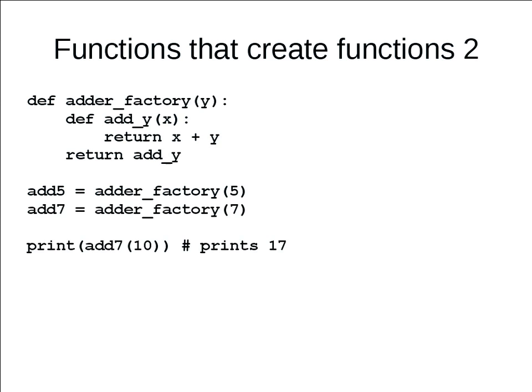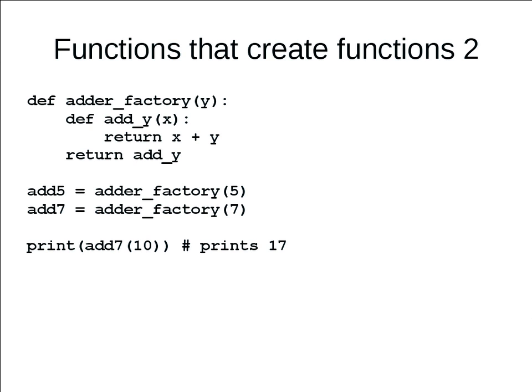Let's make this a little more useful. Here's an adder factory that can make any kind of an adder, not just add5. It can make add7 or whatever you want. You pass in what you want added as y. Then it makes a new function that always adds that y value and returns a reference back to you for that function. So here we make add5 by calling the adder factory and passing in a 5.